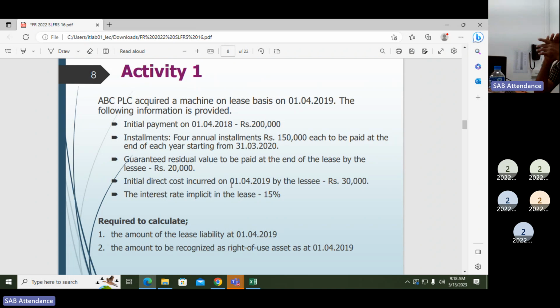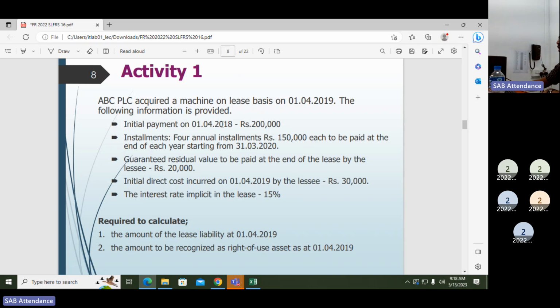this activity. Now ABC PLC acquired a machine on a lease basis on 1st April 2019. The following information is provided. Initial payment 200,000. Four annual installments, 150,000 each, to be paid at the end of each year starting from 31st March 2020.